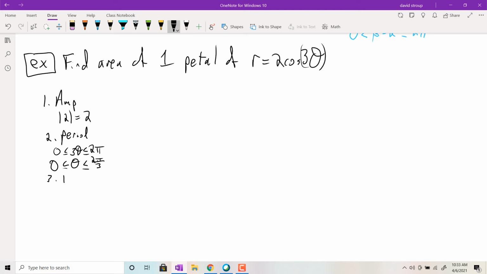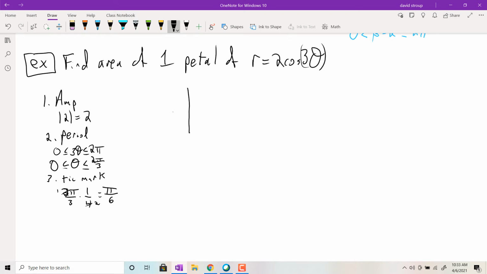Then I need my little tick marks. So I just divide that into 4 sections. So it'll end up being 2 pi over 3 multiplied by 1/4, and simplifying a little bit, we get pi over 6. And there's no vertical shifts or anything like that.